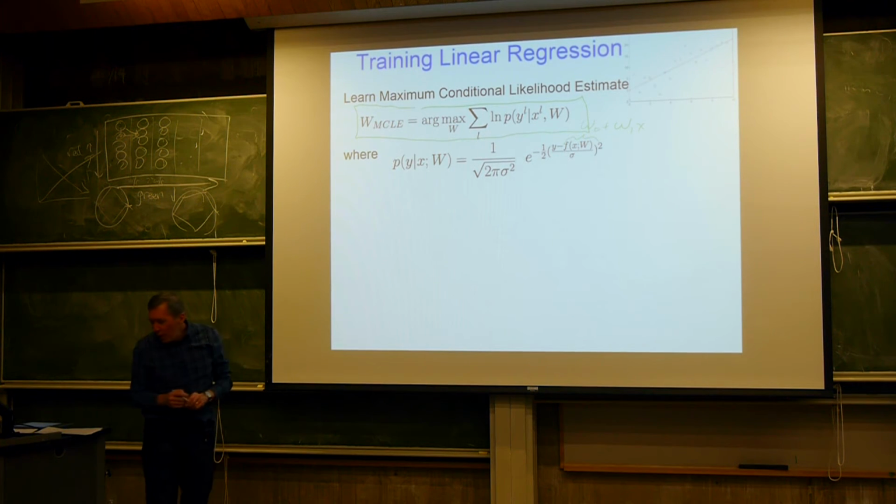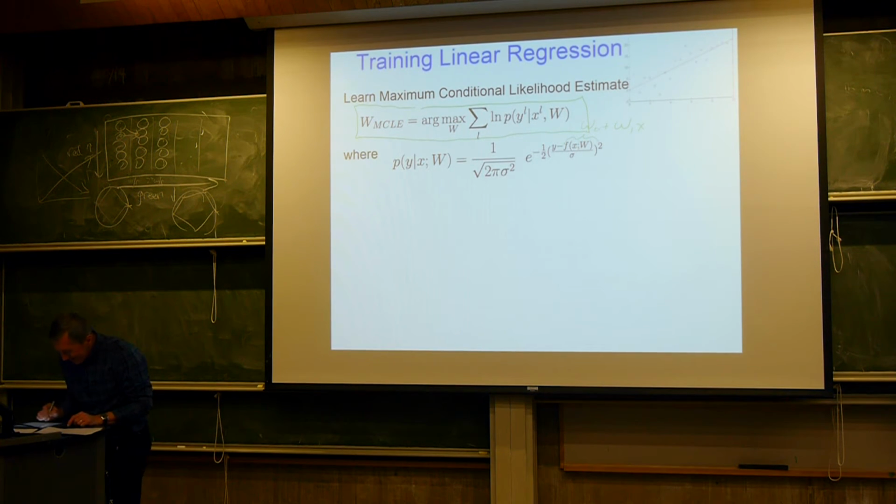I could write out that expression, given that we agree that P of y given x is this Gaussian. So let's do that. W equals the argmax over W of this thing.